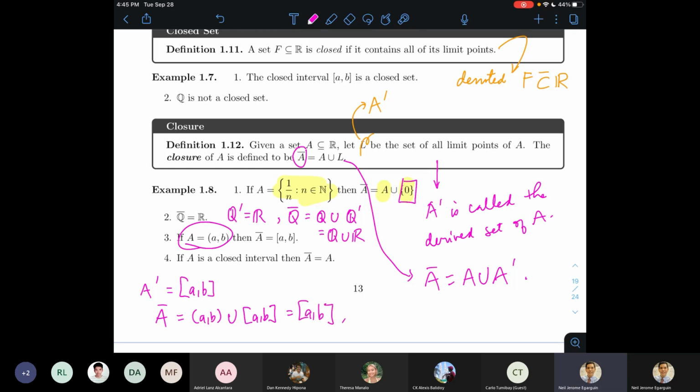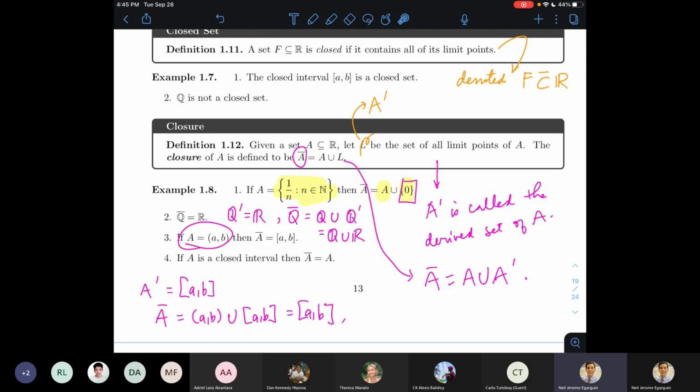Okay. And then number 4, if A is a closed interval, na-remark na natin in example 6 na lahat ng limit points ng closed interval ay nandun sa closed interval. So that makes the closure of A equal to A. And again, another way to reason it out is that we have mentioned in example 7 that the closed interval is a closed set, meaning the closed interval AB contains all of its limit points.